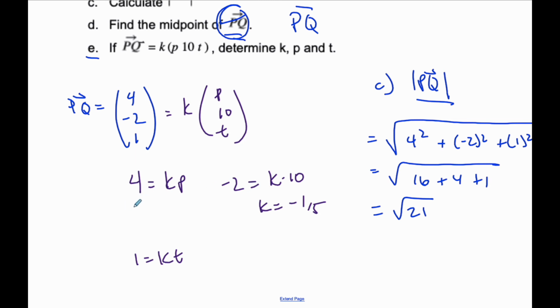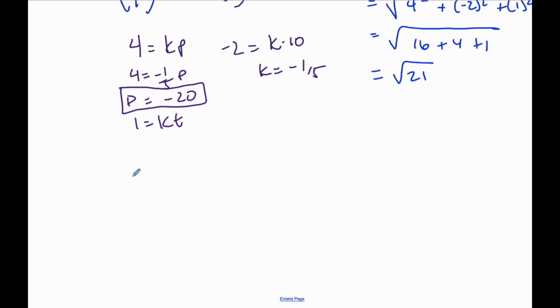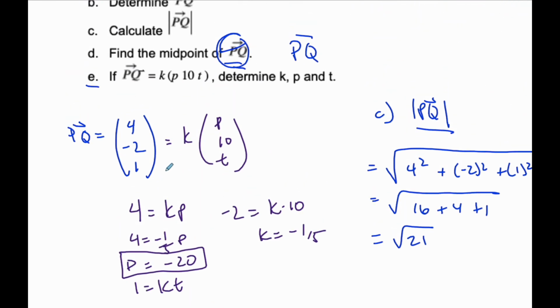So that means if 4 is equal to -1/5 P, P is equal to -20. There's P. And finally, the last one, if 1 is equal to -1/5 T, T is equal to -5. And so I know that this vector is parallel to PQ, and it is 1/5 the size, or this is 5 times in the negative direction of PQ.